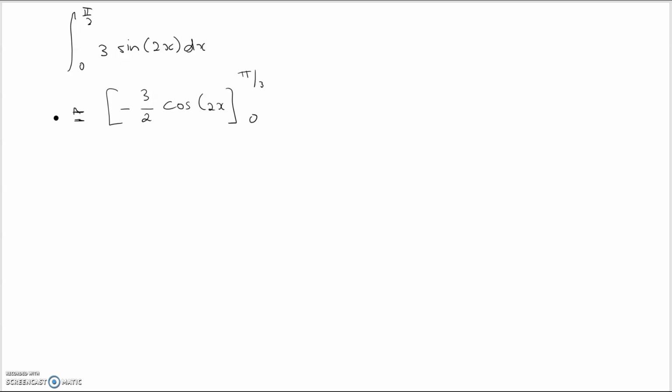And just putting in your numbers, you could take the -3 over 2 out. Like that. And then putting in the numbers, you're going to get -3 over 2 times 2, which is -3.